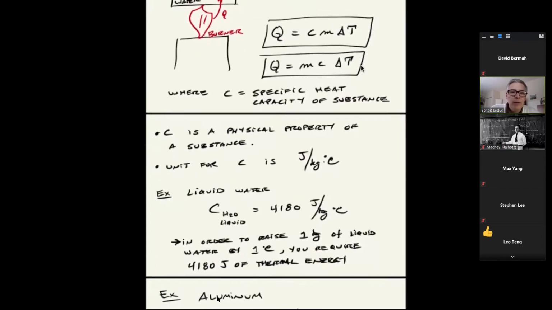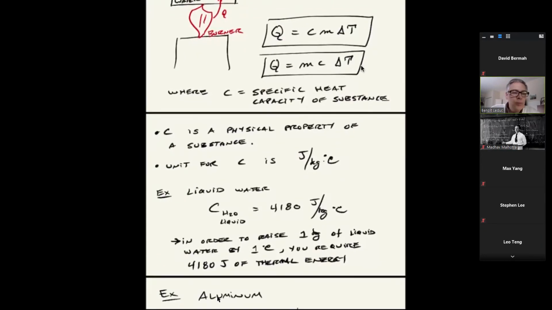Whether the object goes up by 10 degrees Celsius, it goes up by 10 Kelvin. So it doesn't really matter. Here this would be 4180 joules per kilogram per Kelvin too. It's the same unit, same number. Yes, Madame? Just to clarify, in the formula, it's joules divided by kilograms times Celsius, all multiplied together? Yeah, right, it's this.